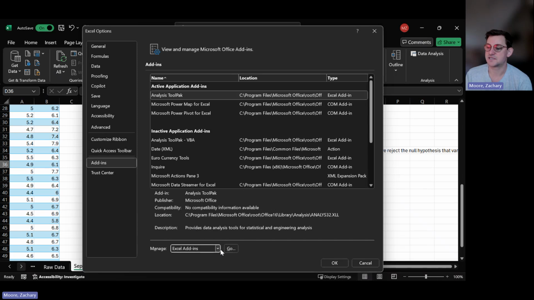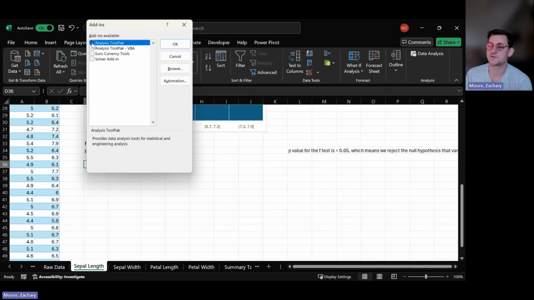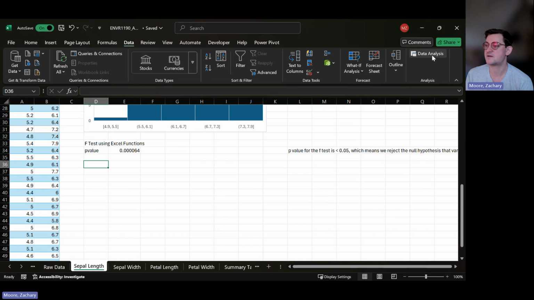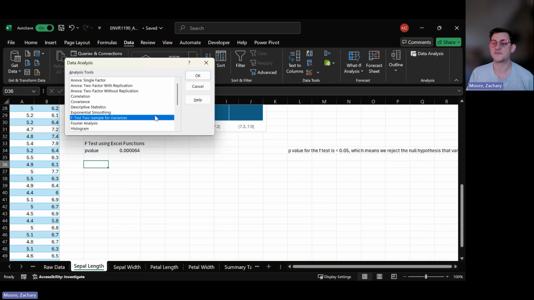You can tick this Excel add-ins, go, and make sure that the analysis toolpack box is ticked. This is also available in the assignment instructions. Once you have that box ticked, you can click this data analysis tools, and that allows us to do all of these different things and get a whole bunch of different information.